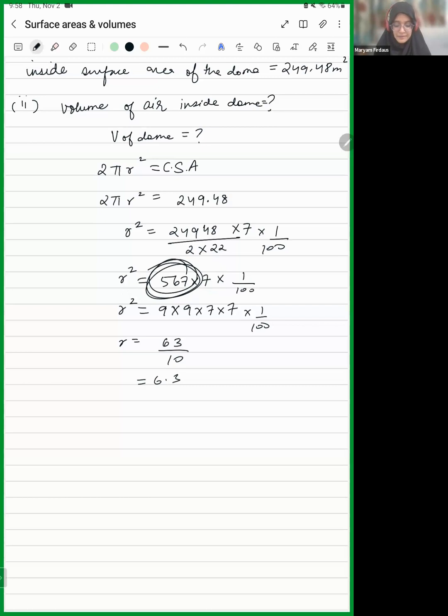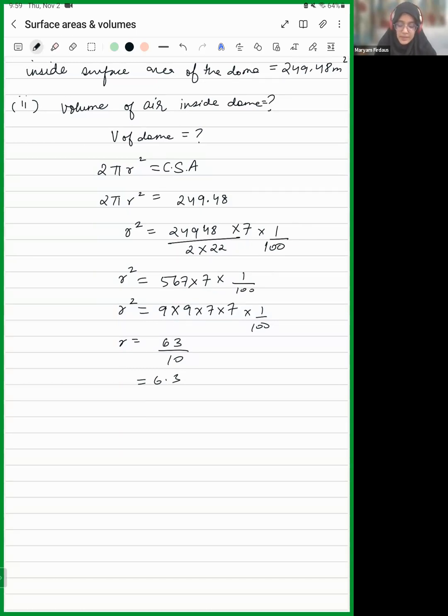I found out that 567 is equal to 9 into 9 into 7. So from here, you can easily do the prime factorization and find the square root. And as for the point, I made it in fraction form. I removed the point and I said, let's keep it 1 by 100. So in this way, my calculation becomes simpler. Ma'am, how did we add 1 by 100?